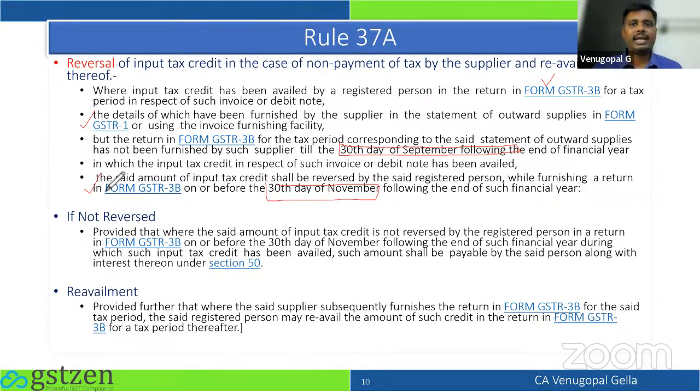This might be creating a problem while reporting in your annual returns. If you have reversed this credit by 30th November, you will be reporting in table 12 of GSTR 9. But if you are not reversing it, then it has to be paid through DRC 03.